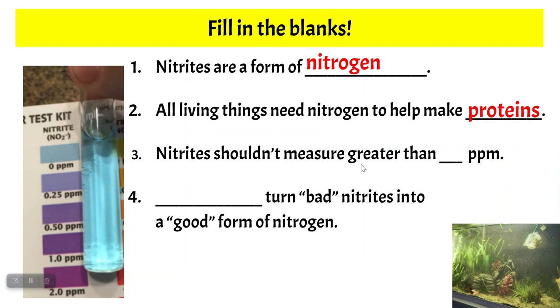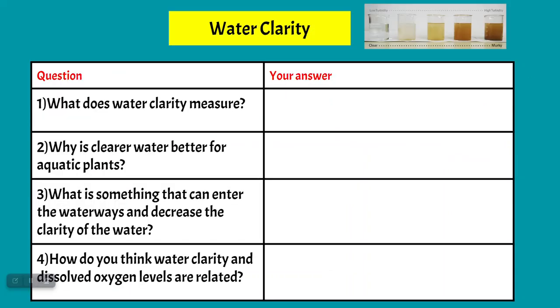Okay, nitrites should not measure greater than 1 part per million. And if you remember from your reading, you learned about what turns bad nitrites into a good form of nitrogen. That's bacteria. That's going to help turn the bad nitrites into a better form of nitrogen that the ecosystem can use.